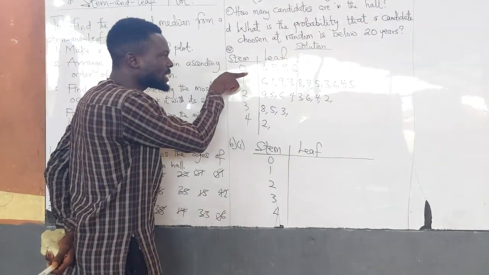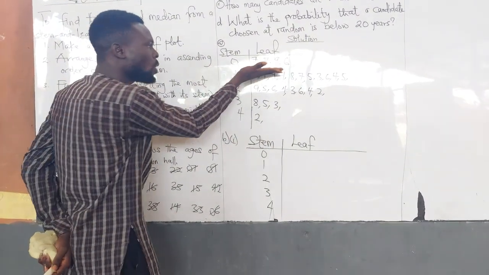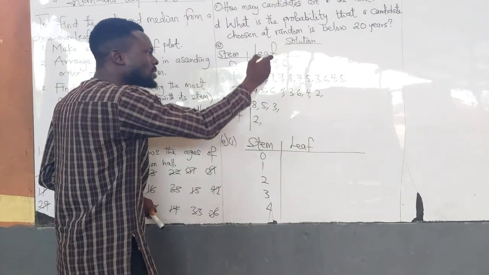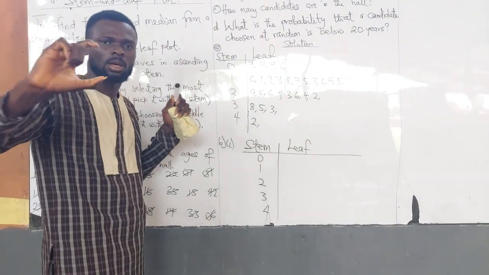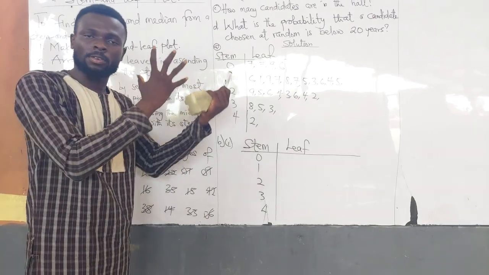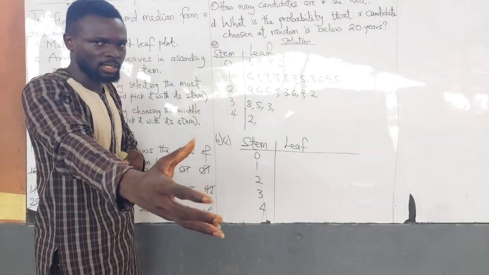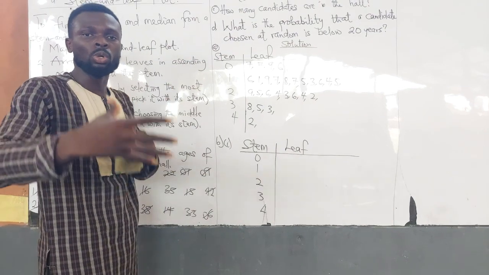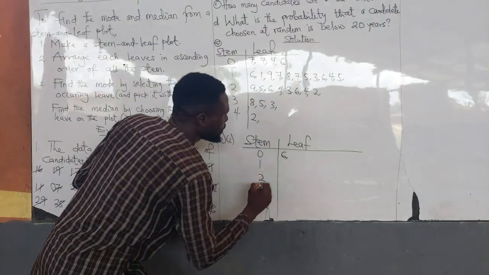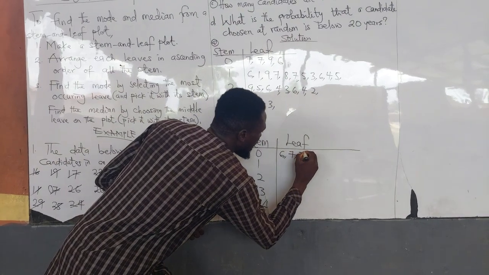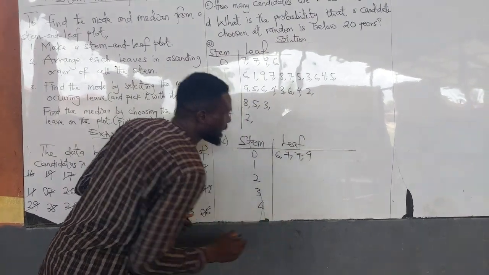So let's take the first stem, 0. What are the leaves? 7, 7, 9, 6. Just arrange it in ascending order. What is ascending? From the least to the greatest, or from the smallest to the largest. So the smallest there is 6, then 7, 7, 9.